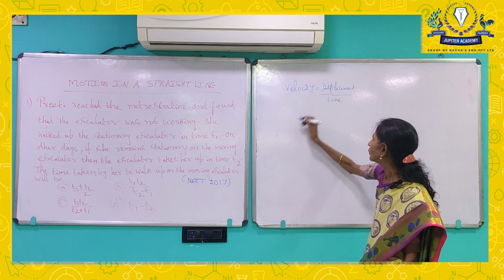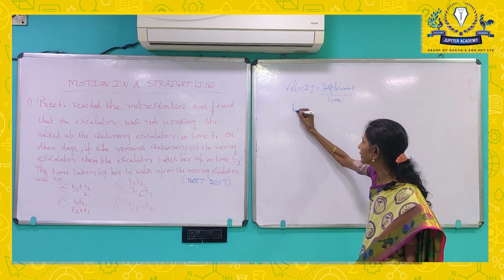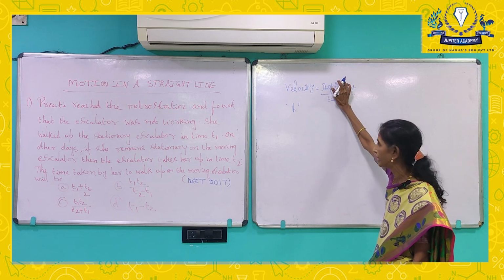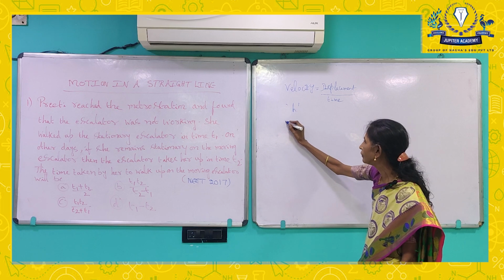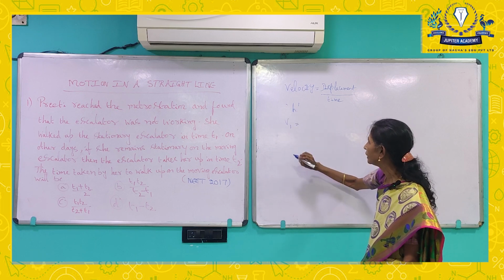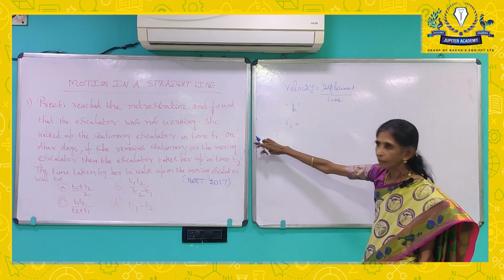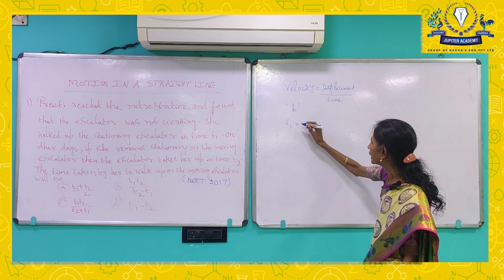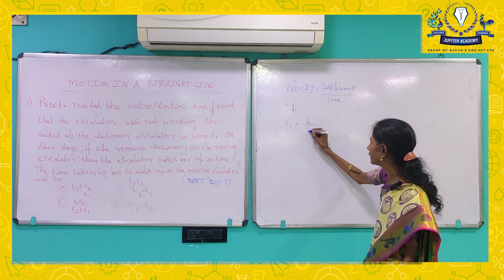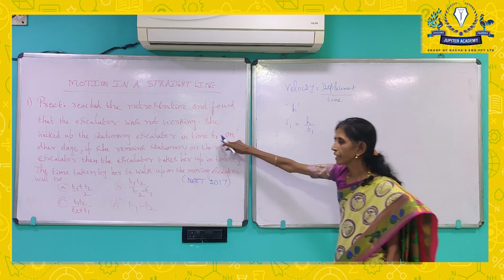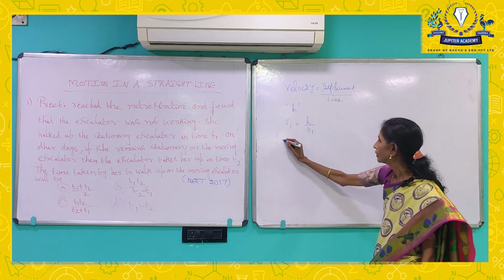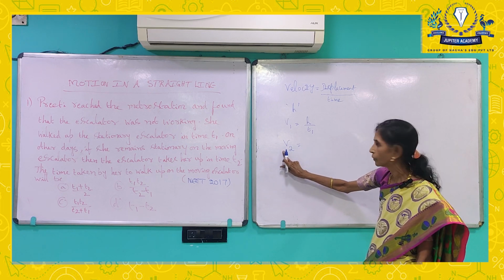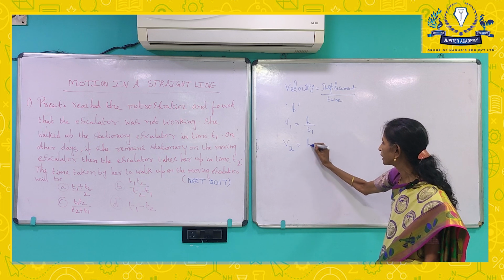Now let us assume h is the height of the escalator, so that is the displacement covered by her. v1 is the velocity of Preeti when the escalator was not working, so let us say v1 equal to h by t1, where t1 is the time taken by her. And when the escalator was working, let us assume the velocity as v2. So v2 is equal to h by t2.